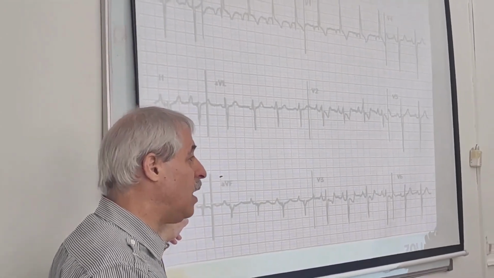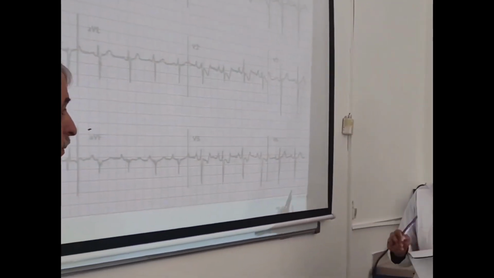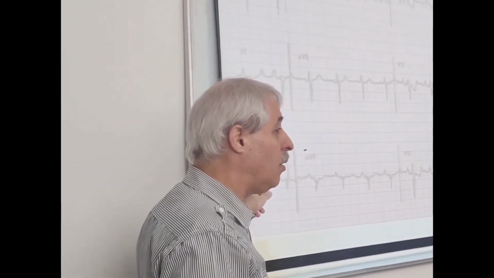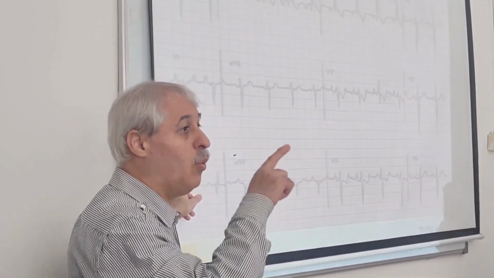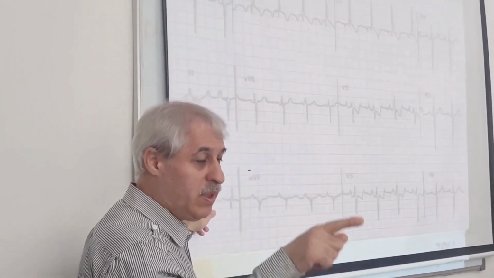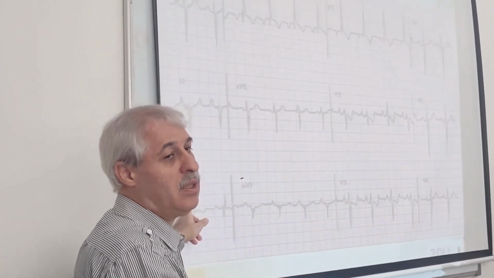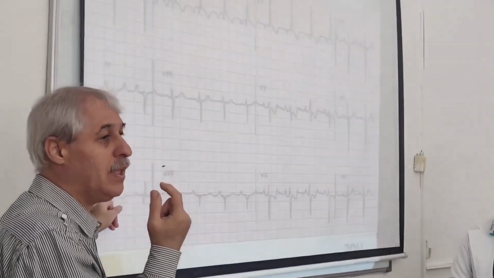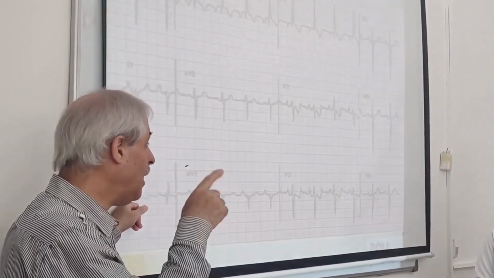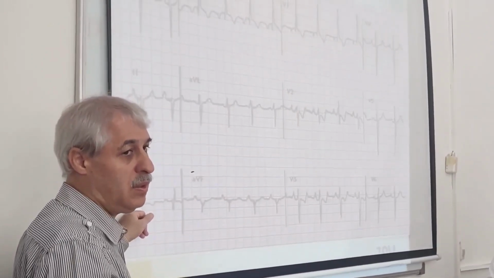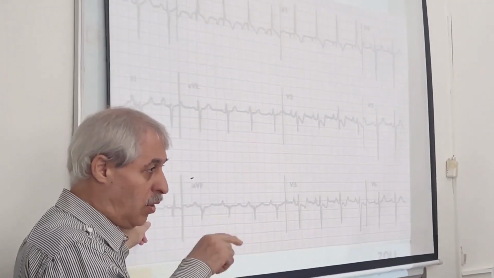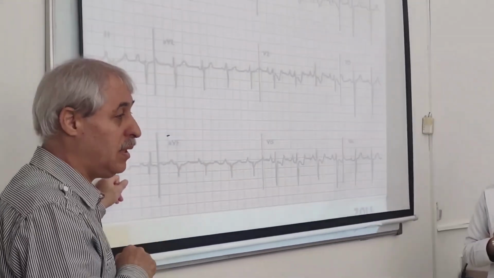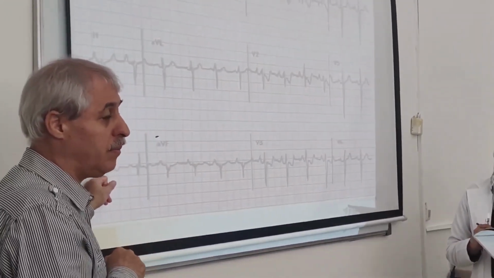How much is the lead 3 axis? 120. 1 is 0, 2 is 60, 3 is 120. You should make two perpendicular lines to 120, means 120 plus minus 90: 210 and 30.